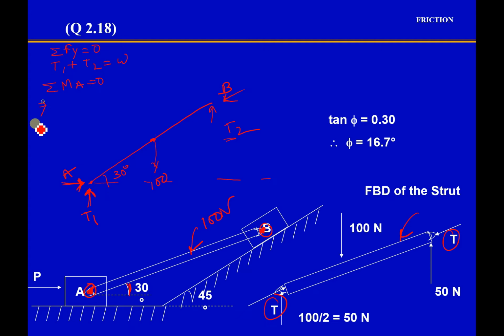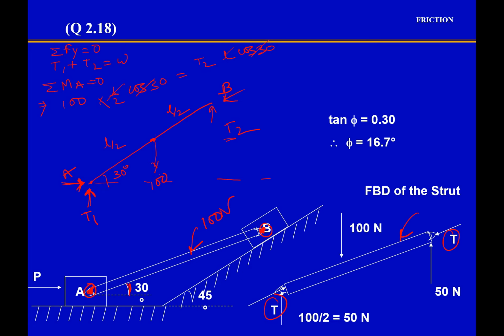So if you write the equation, we get 100 is the force, and its distance is L by 2. This is also half, right? So then L by 2 into cos 30 equals T2 into L cos 30.